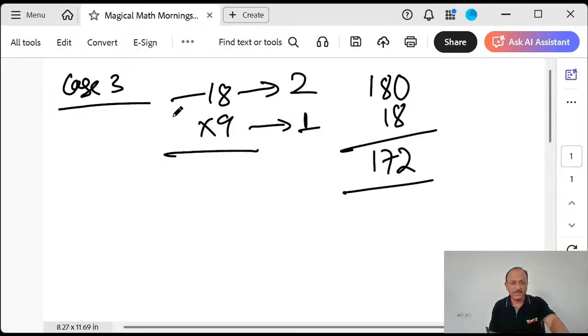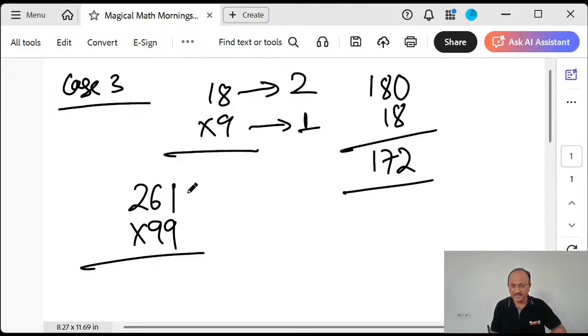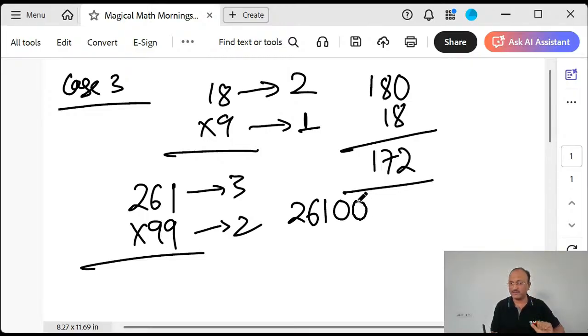Let's take a little bigger number. Maybe you want to multiply 261 into 99. How many digits does this have? 3. This has 2 digits. That means the multiplier has fewer digits. Just rewrite 261, the original number, followed by zeros. How many nines are there? There are 2 nines, so I'm going to write 2 zeros.